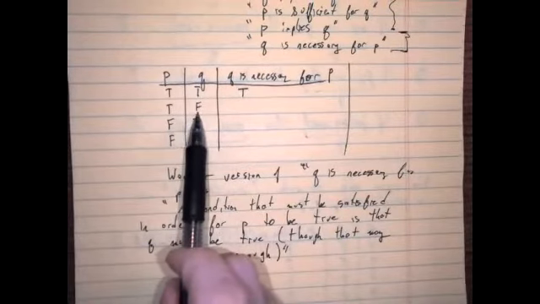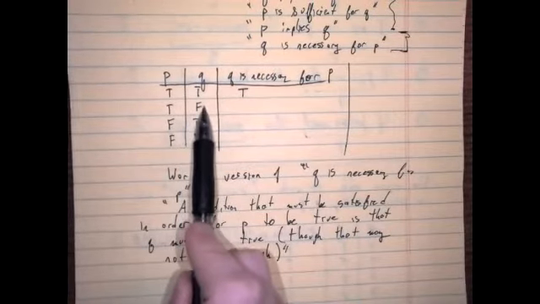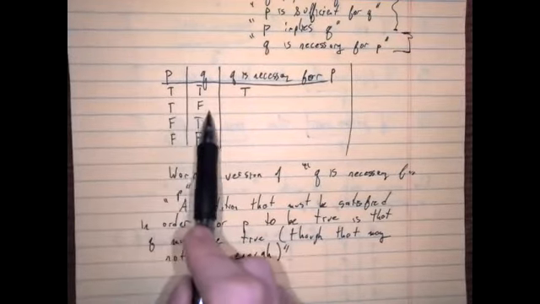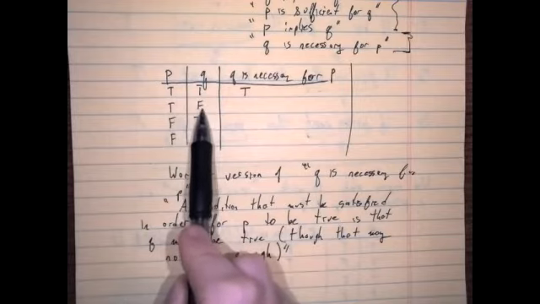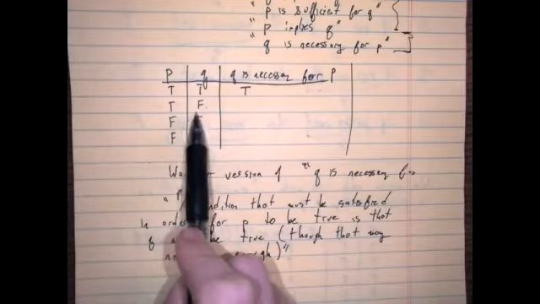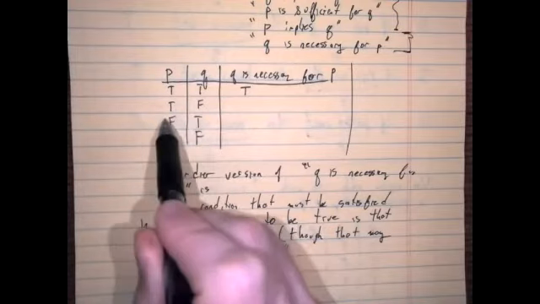Here it's false, because Q is false, but P is true. So in this case, it is not the case that Q is a necessary precursor to have P. Right? Here, if you think about it, I'm thinking in terms of like nuclear bombs or something like that.